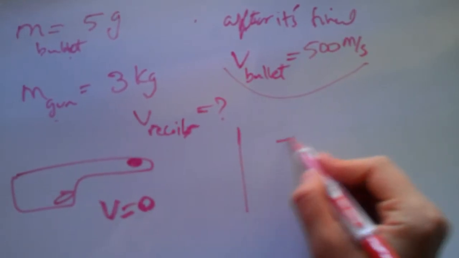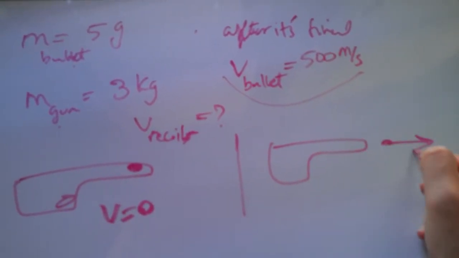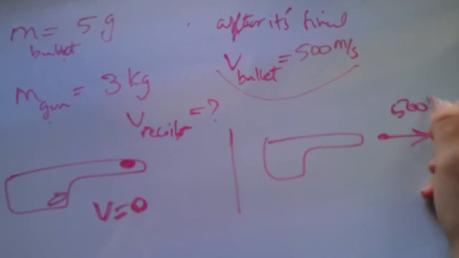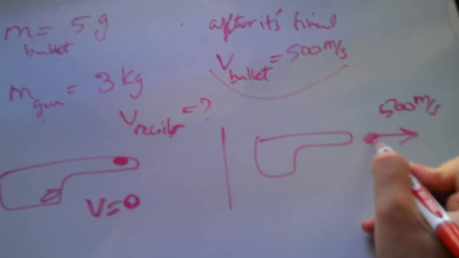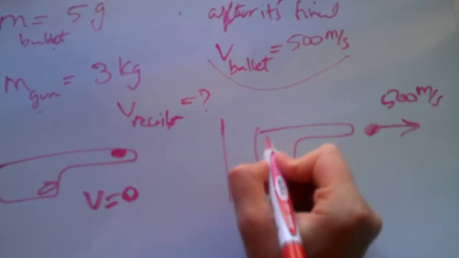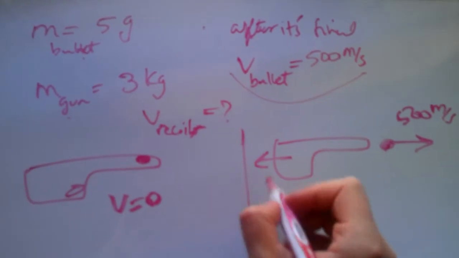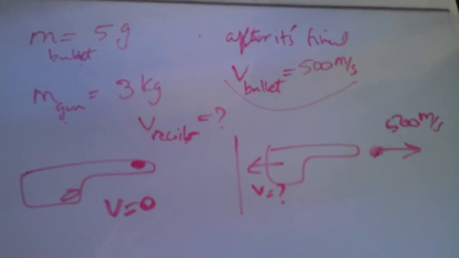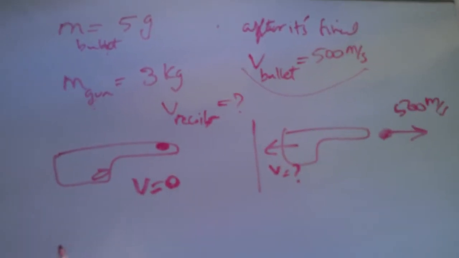Afterwards, the bullet gets fired with a speed of 500 meters per second, and as a consequence of conservation of momentum, the gun recoils. And we are wondering what that velocity would be if its mass is 3 kilograms.